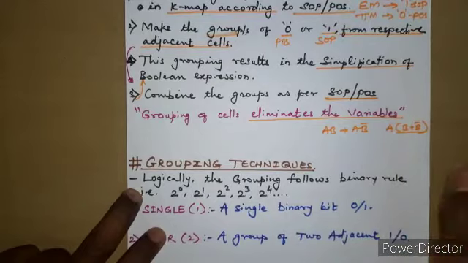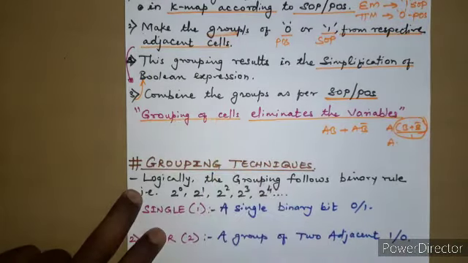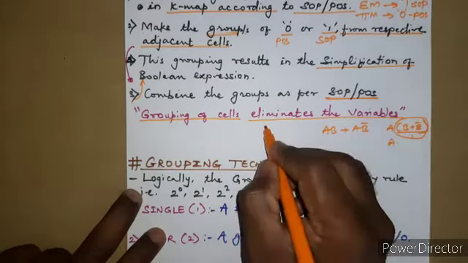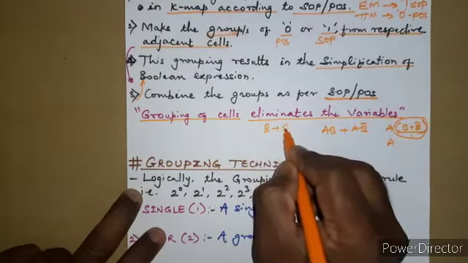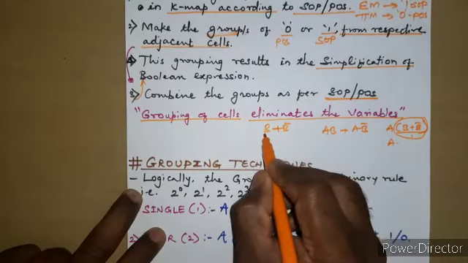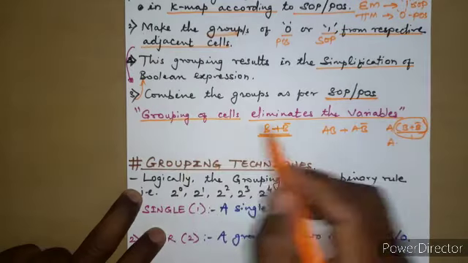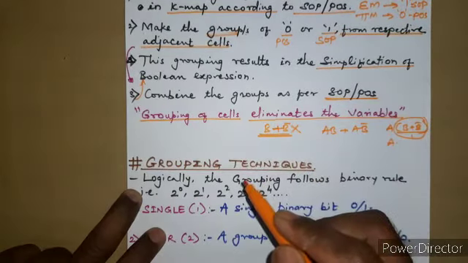This B plus B bar is 1, so what is left is A. So these terms are eliminated by grouping of the cells. If you see here, B plus B bar, B changes to B bar. So the terms which are changing in the group are eliminated.